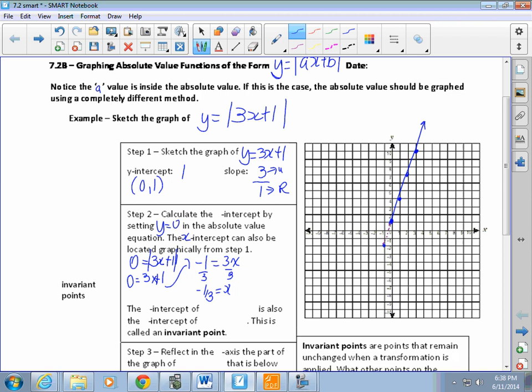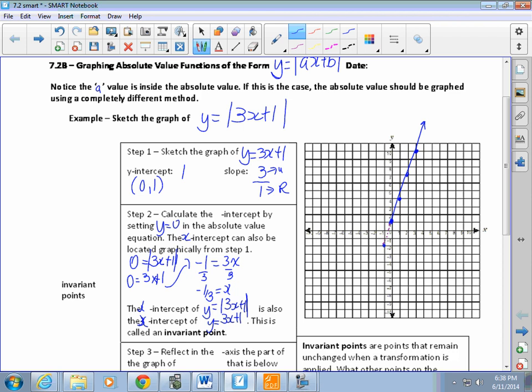So the x-intercept of y is equal to the absolute value of 3x plus 1 is also the x-intercept of y is equal to 3x plus 1. You can see that they both have the exact same x-intercepts.